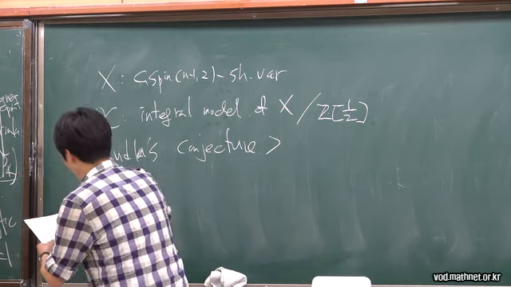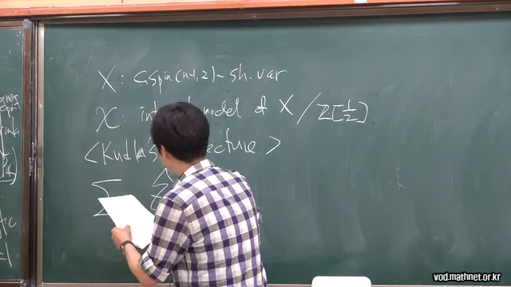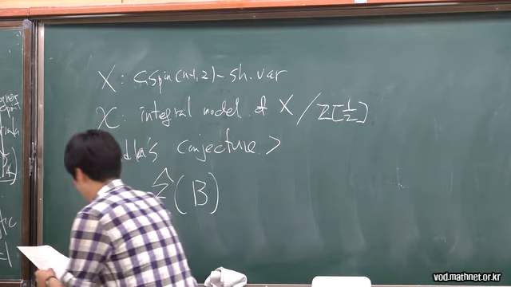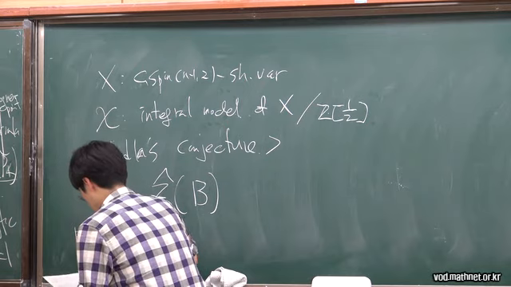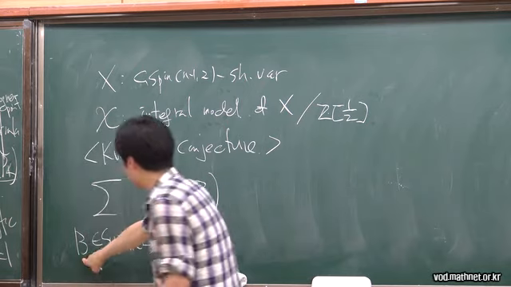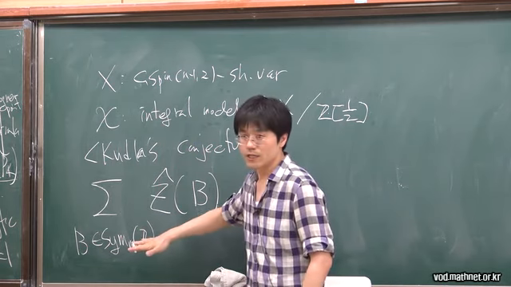So he considered certain cycles. Here B is in Sym_n(Z). So B is an n by n symmetric matrix whose coefficients are all integers.